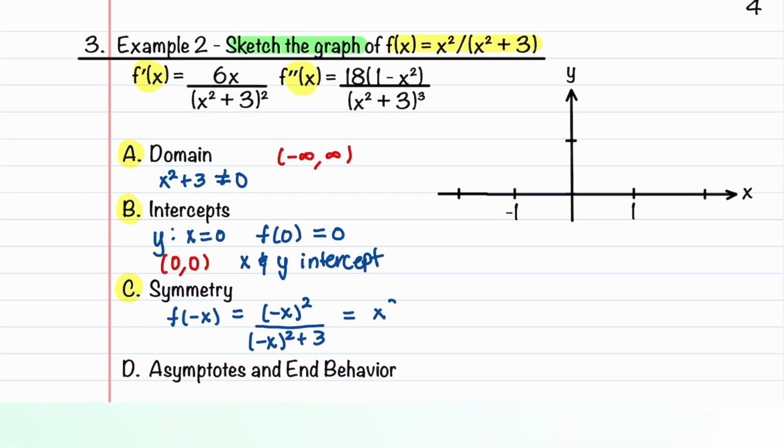And this is x squared over x squared plus 3, which is the same as f of x. This tells us that our graph is going to have symmetry about the y-axis.